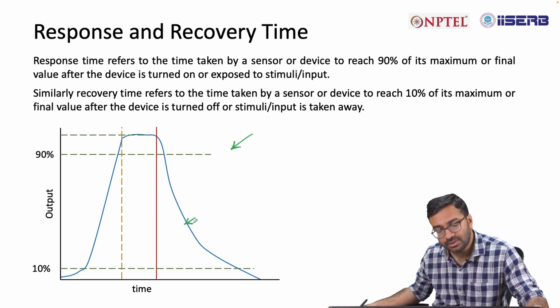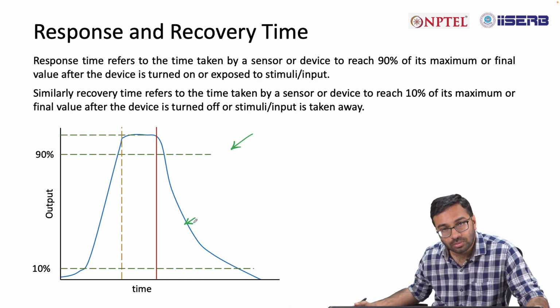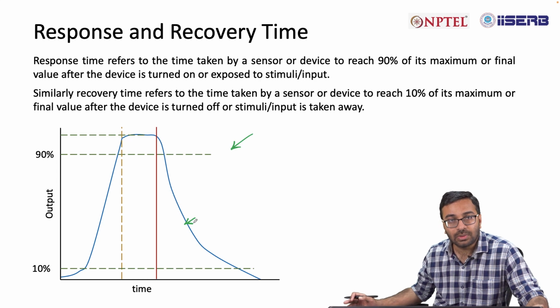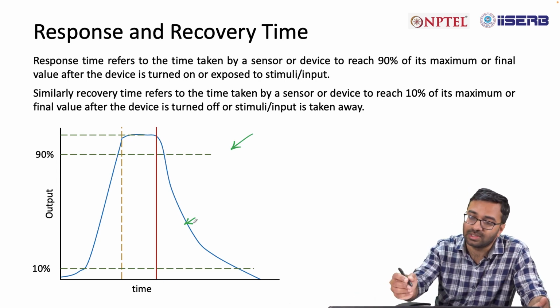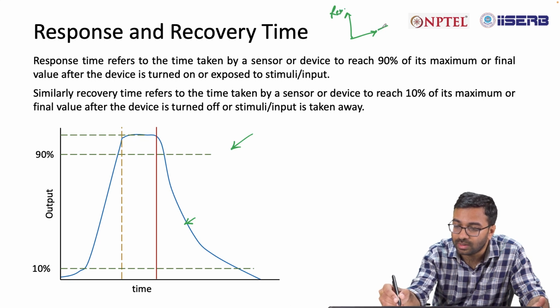Response of the sensor means how the sensor responds with respect to inputs. This is one sort of response that we generally record for a sensor. For example, in case of a temperature sensor, we record the response of the sensor with respect to temperature.